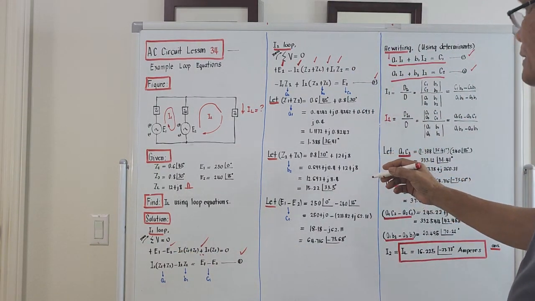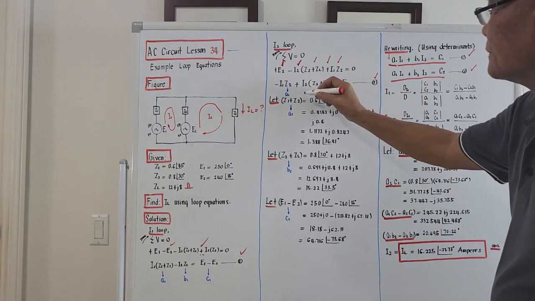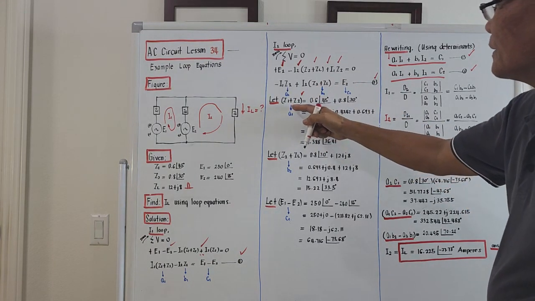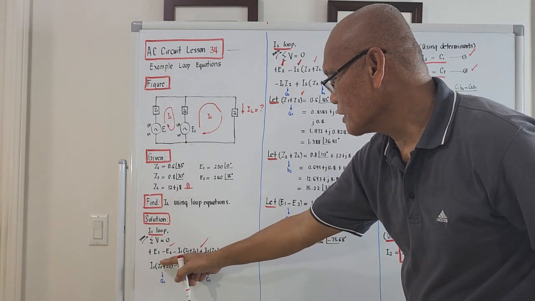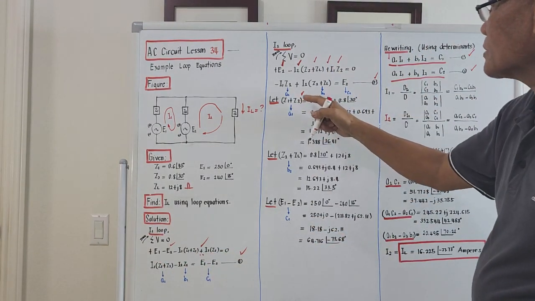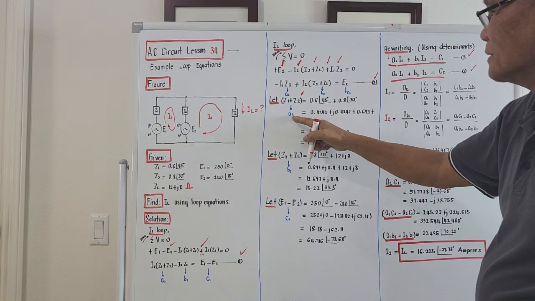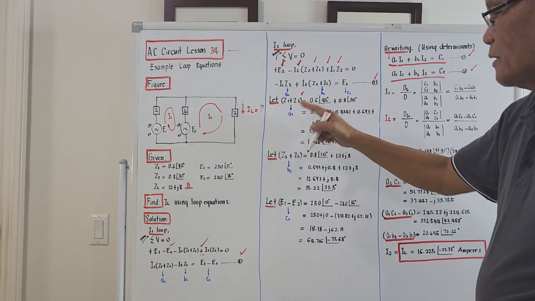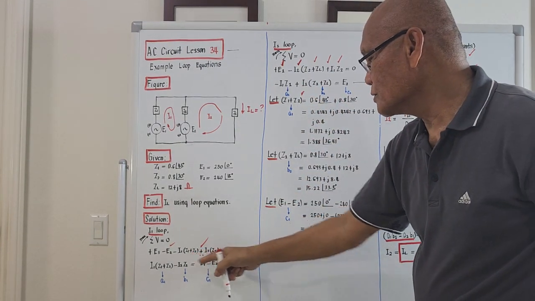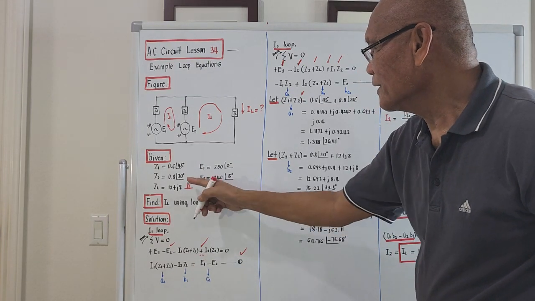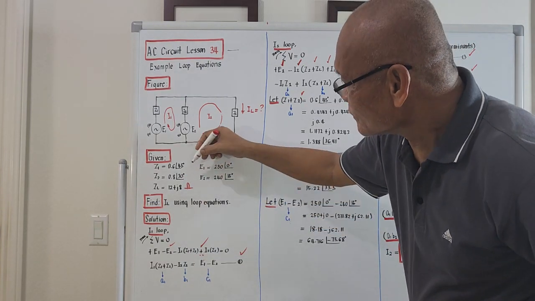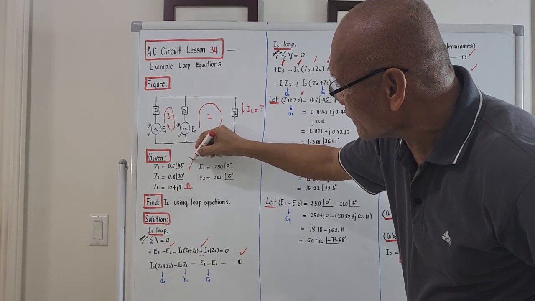Where's A1? This one. Right? The coefficient of I1 on the first equation is actually the sum Z1 plus Z2. So we will just represent that one as simply A1. Okay? And the coefficient of I2, considering equation number 1, is B1. And B1 is only Z2, right? That's Z2. So this is actually B1.